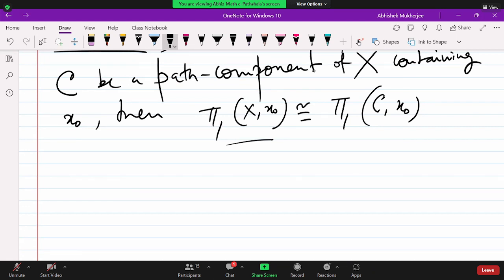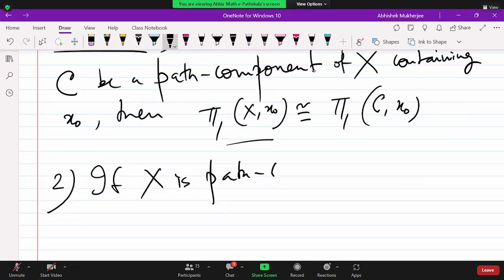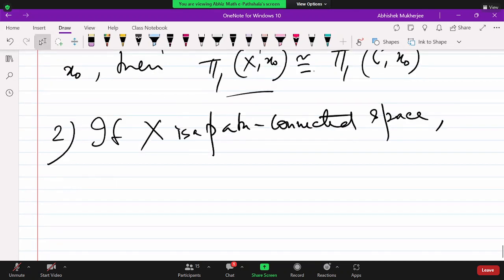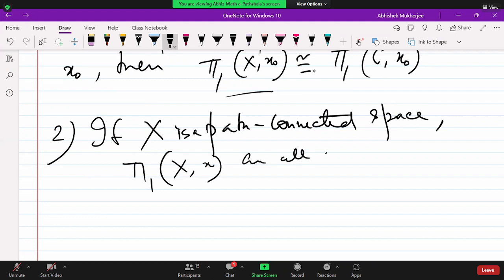So if you are looking at a path connected space, then the groups are isomorphic. Whatever base point you choose, these are all isomorphic. Okay.